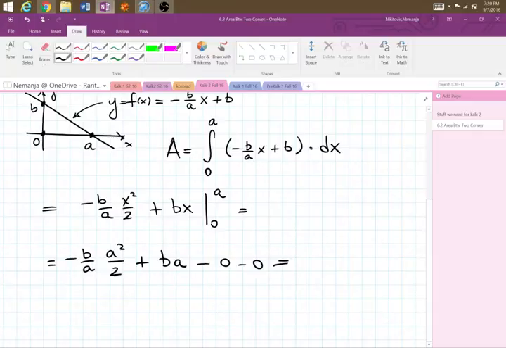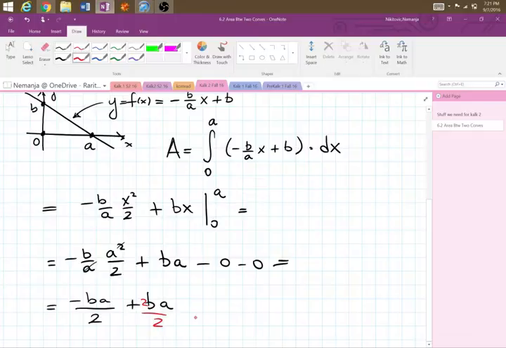So one of these a's will cancel, and when a cancels, what do you get? Anyone? Negative ba over 2 plus ba. Awesome. So now we're going to figure out the common denominator here.